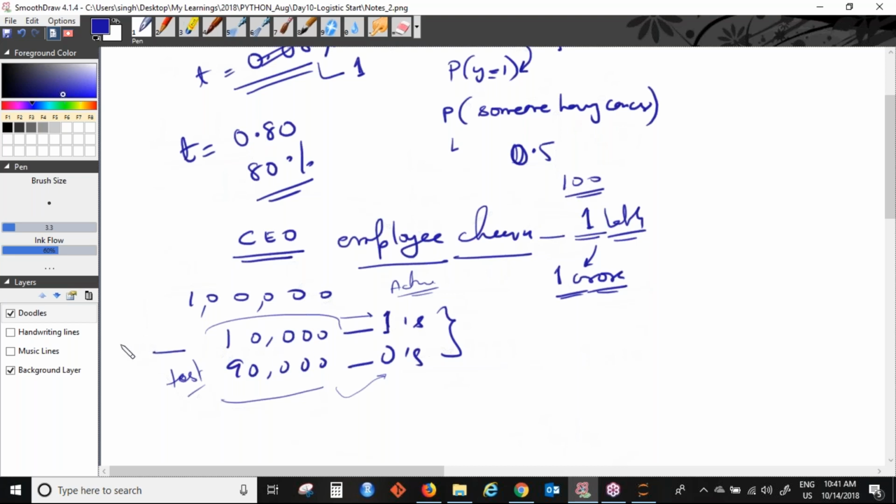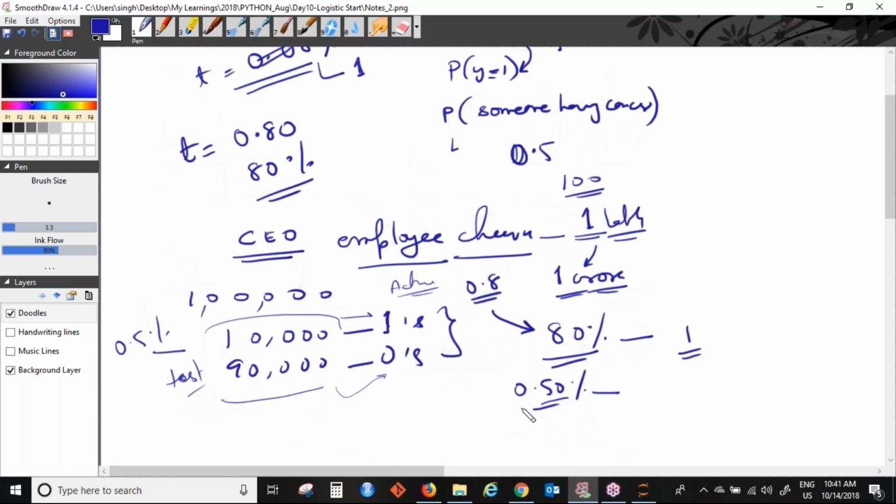So here we have taken, let's say, a threshold of 0.5. What we will have to do is increase our threshold in this case so that we get fewer employees. A threshold of 0.8 here would mean that only if the model is predicting with 80% probability that an employee will quit are we classifying as one, not otherwise.